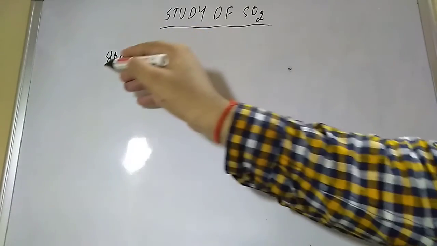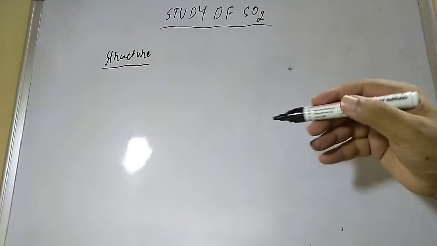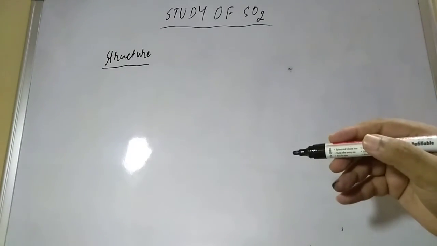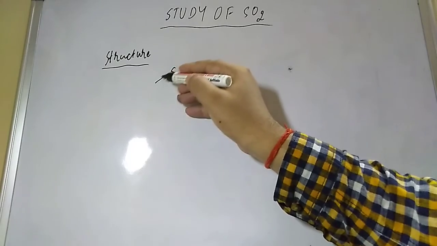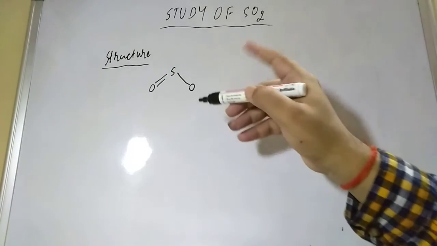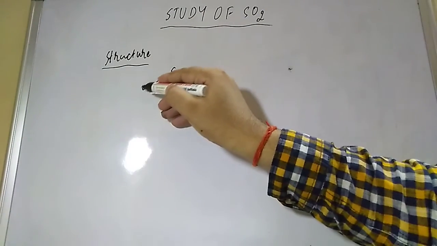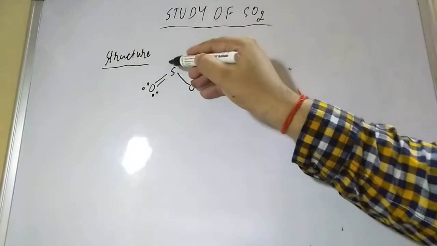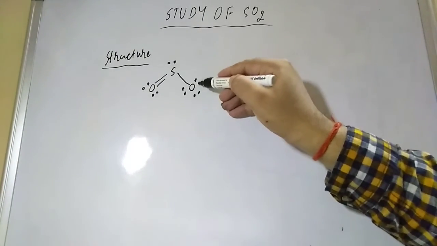How to check the structure? The total number of valence electrons in SO2 is 18. So one double bond to O, and here is O. Now the total number of electrons is 18.